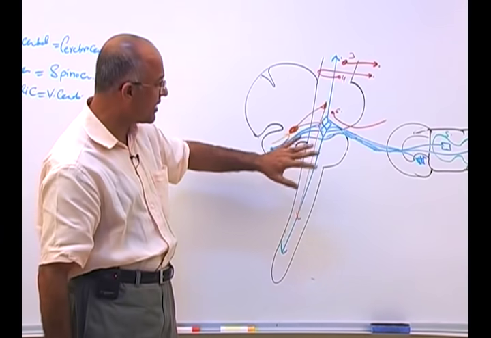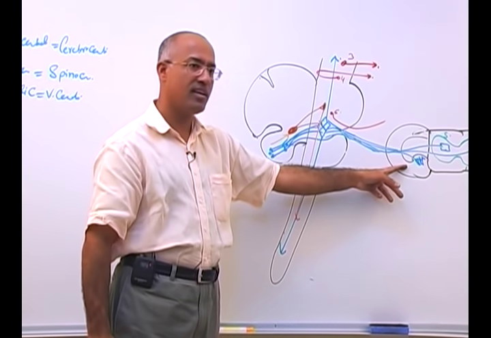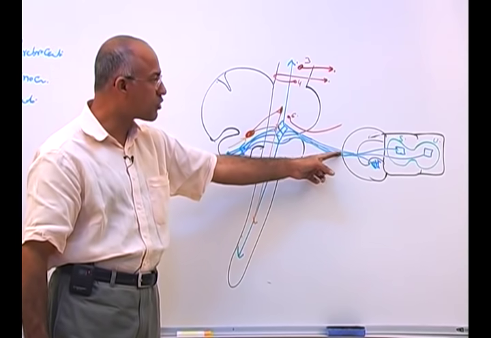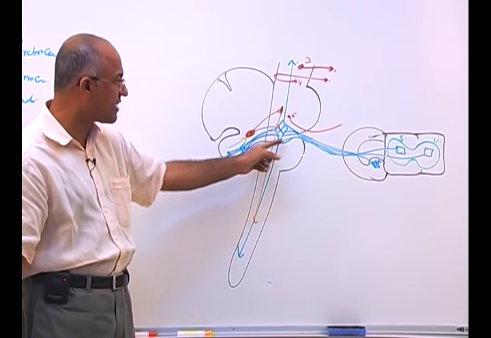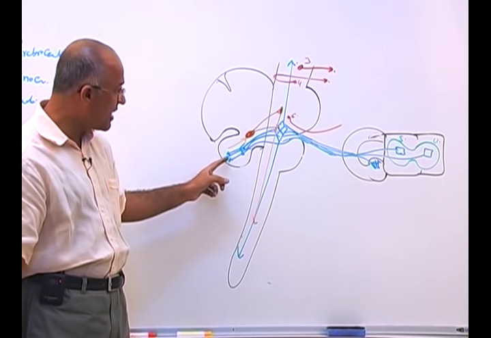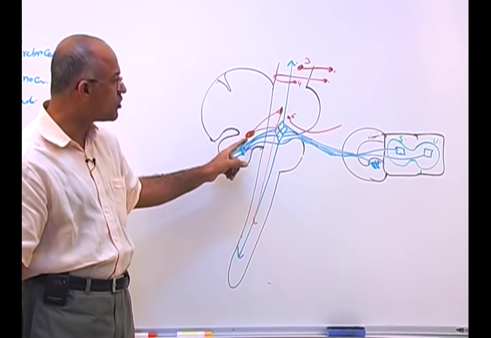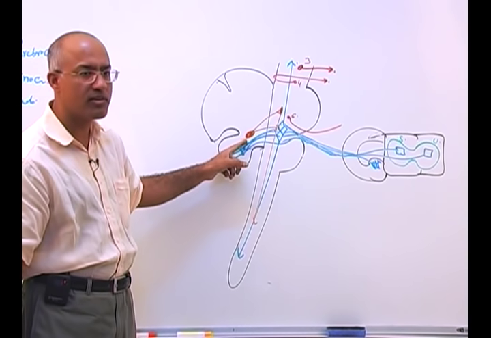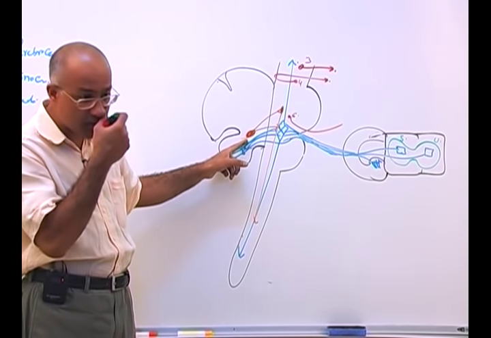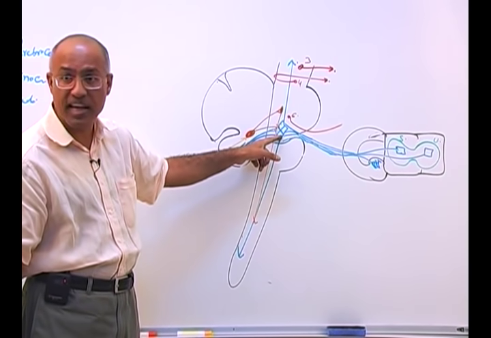I'm saying again, balance, position of head, static or dynamic, is informed through the vestibular nerve to the vestibular complex and to the flocculonodular lobe. From there, information goes to a very deep nucleus. This nucleus is also called fastigial. Fastigial nucleus can send fibers to the vestibular complex.